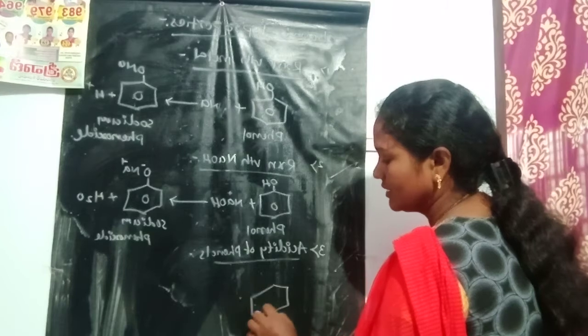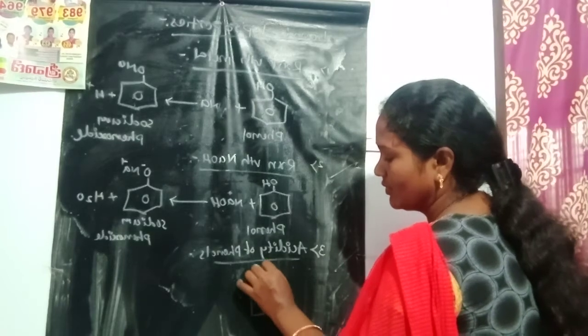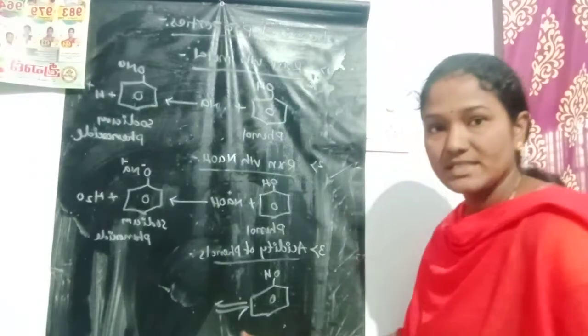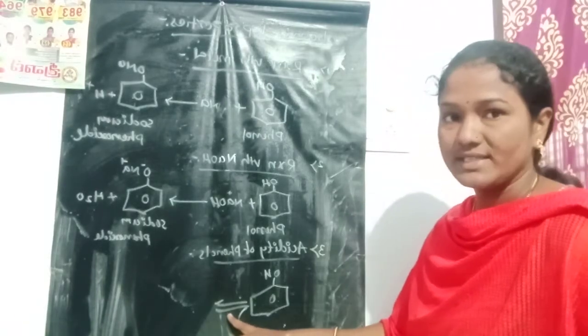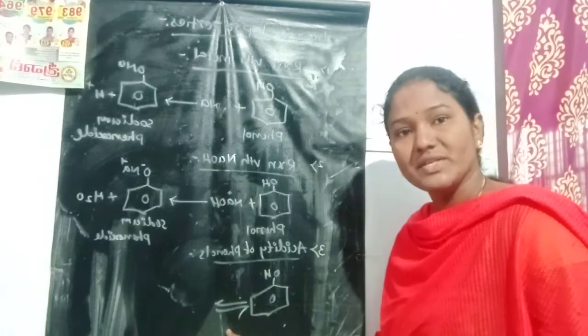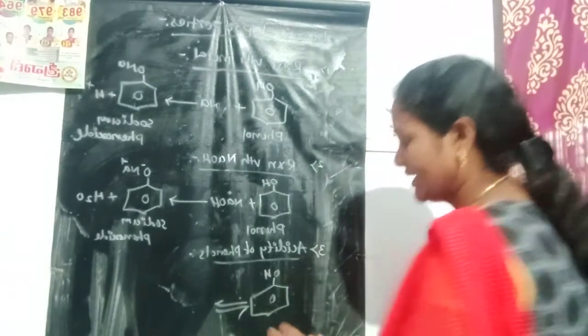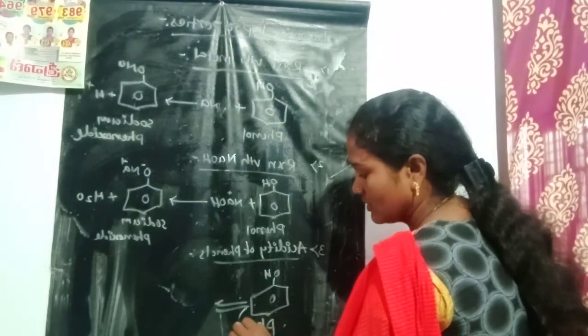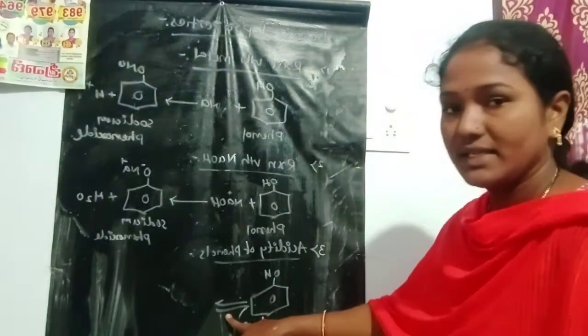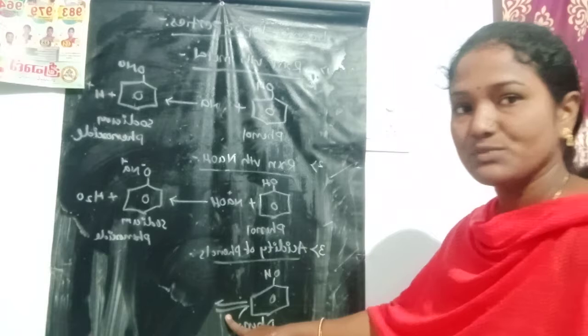Phenol with OH shows a backward and forward reaction. This is the symbol of a reversible reaction, backward and forward. The dissociation of phenol is a reversible reaction.